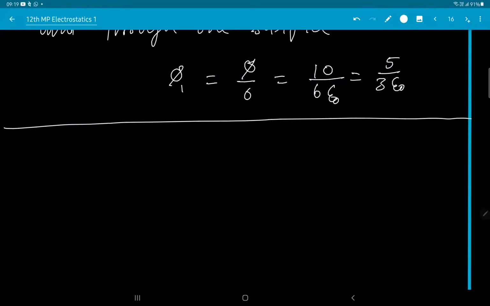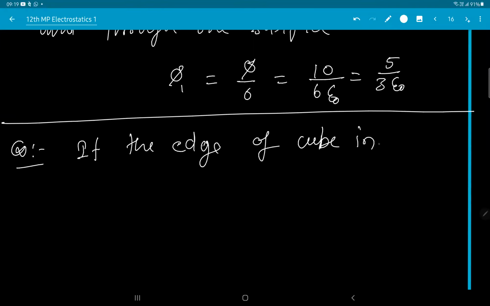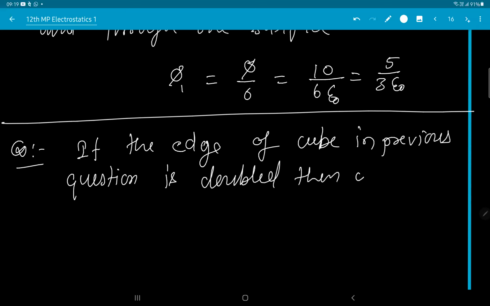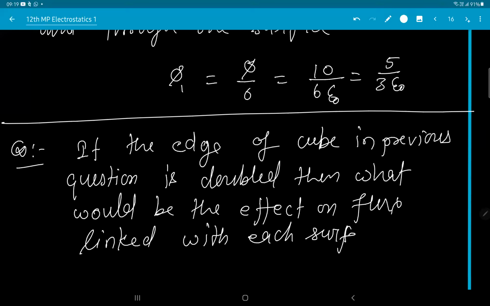Okay. One more question. If the edge of the cube in the previous question is doubled, then what would be the effect on flux linked with each surface?